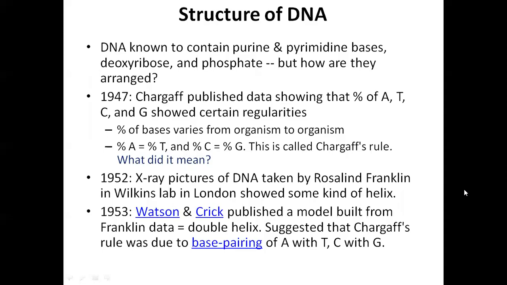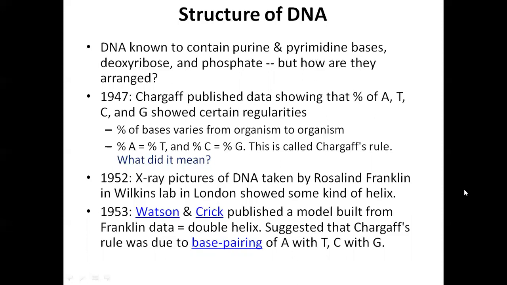And coming to the structure of DNA. Till now we have seen the chemical composition of DNA. So let us see the structure of DNA here. DNA is known to contain purine and pyrimidine bases, deoxyribose and phosphate. But how are they arranged?